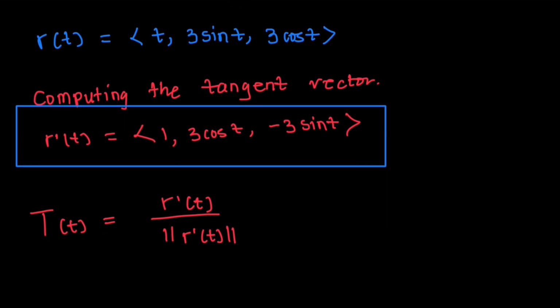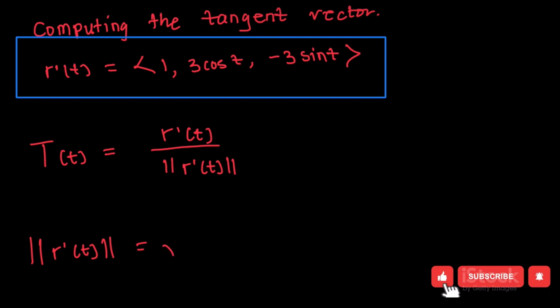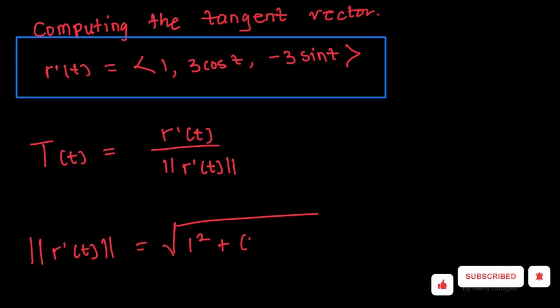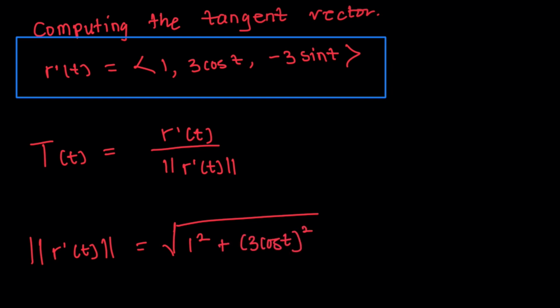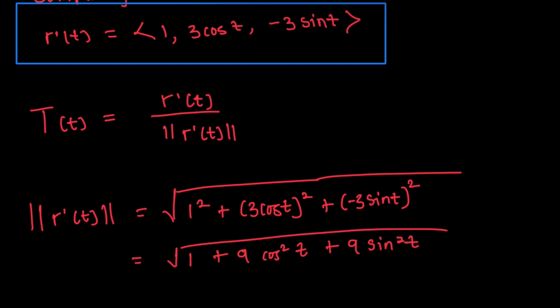The magnitude of r prime of t will be given as the square root of 1 squared plus 3 cosine of t squared plus minus 3 sine of t squared. Now let's simplify. We are going to have 1 plus 9 cosine squared of t plus 9 sine squared of t, all square roots.